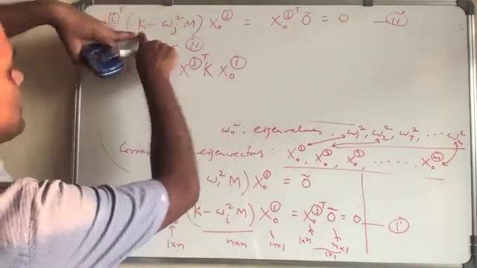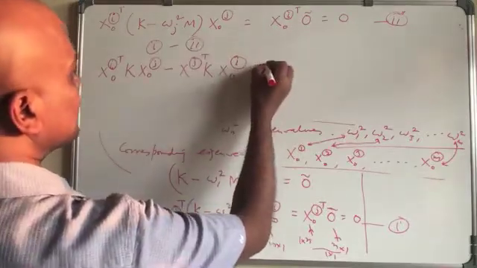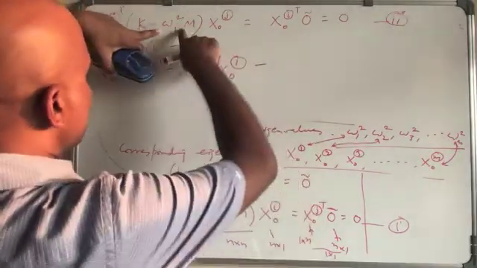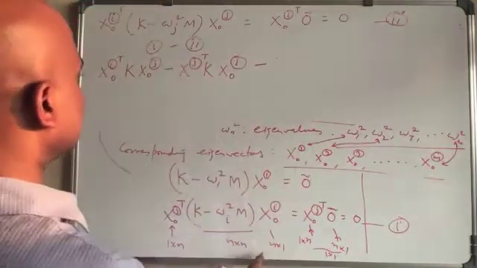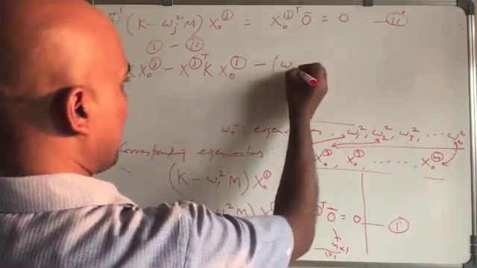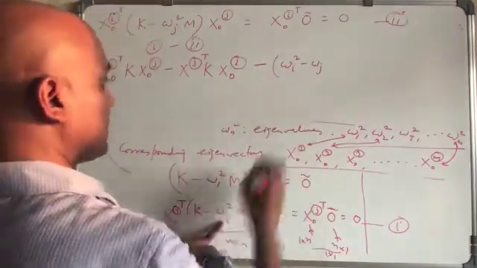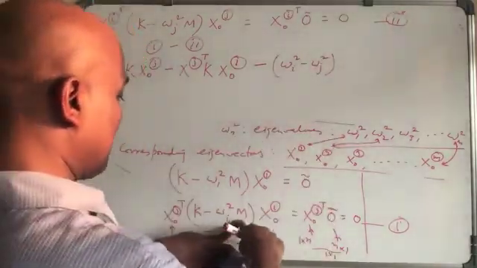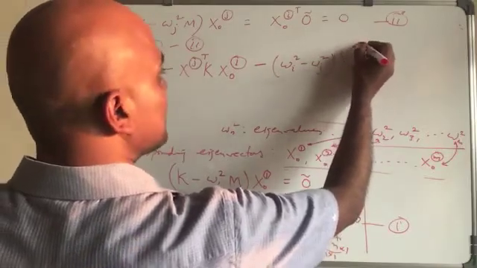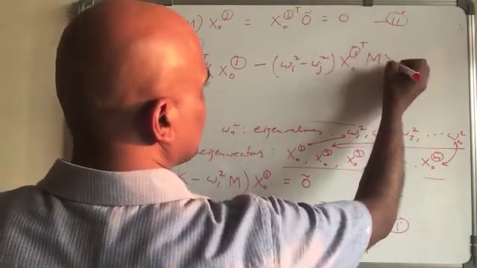So we get this minus this term, then we will have minus omega i square minus omega j square, times x naught i transpose m x naught j.